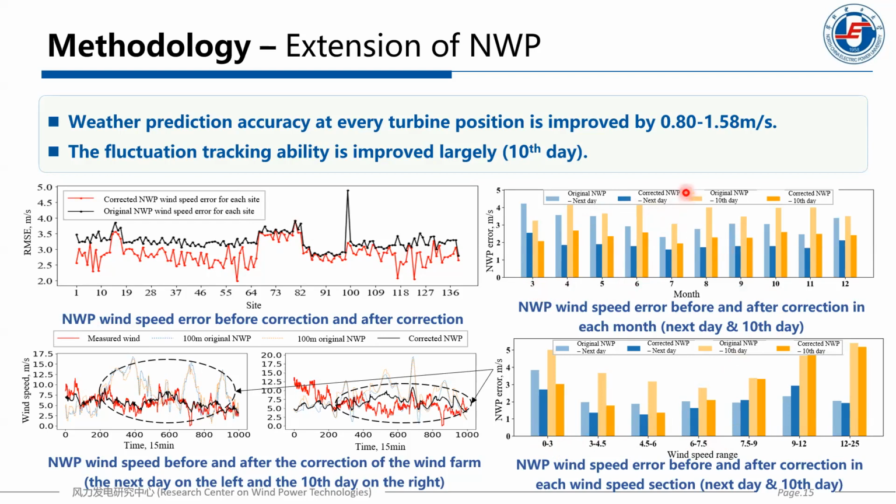The corrected one is this dark blue color, and the shallow yellow color means the original 10-day-ahead NWP, which has generally very high errors, but after the AI correction, the error is reduced very largely.